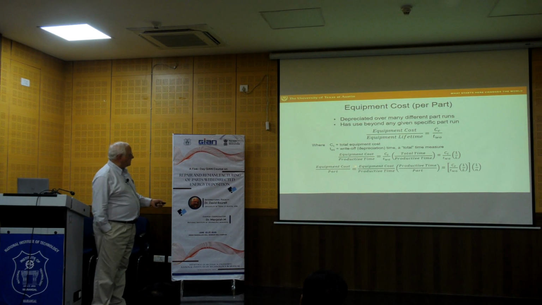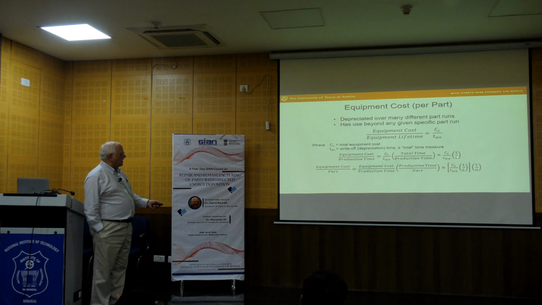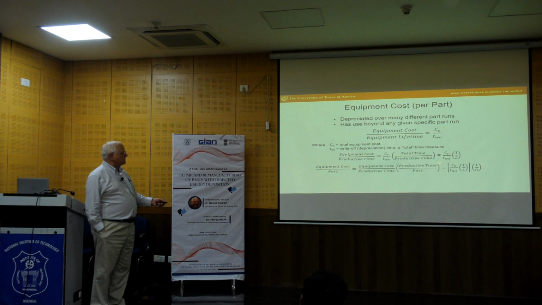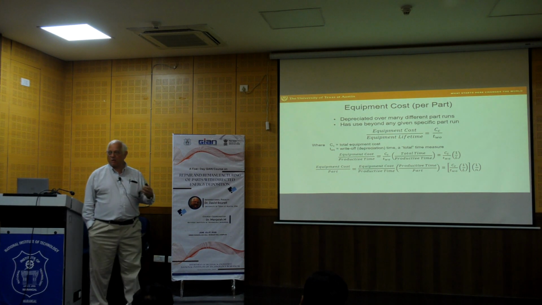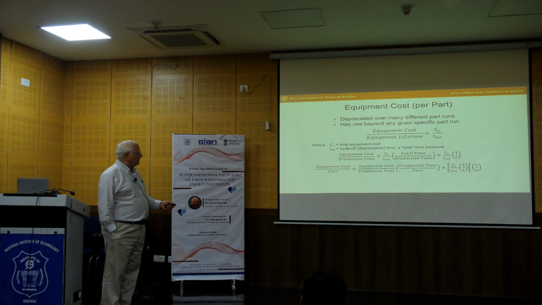So to get it to a part basis, I take the equipment cost per productive time, which is this term, and I multiply it by productive time divided by a part. So it's how much time does it take to produce one part? And depending on the machine and the part size, we can calculate that. It's a thing that can be counted.